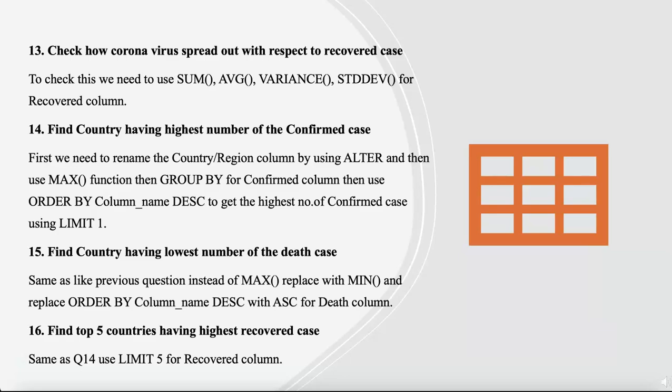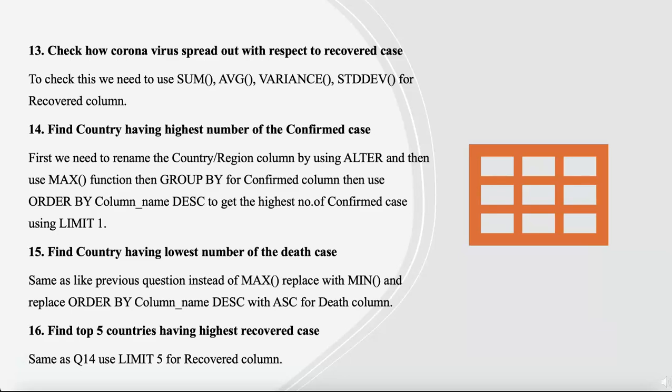And next, coming to the 14th question, it asks to find country having highest number of confirmed case. To do this, first we need to rename the country or region column because it is having slash. This can be done by using alter, and then we need to use max function to get the highest number of confirmed case for the confirmed column, and we can use group by.